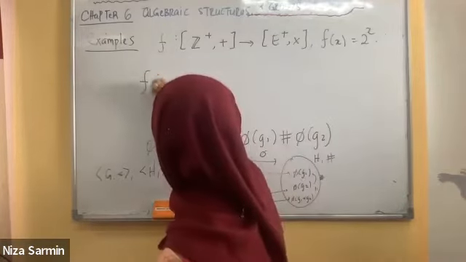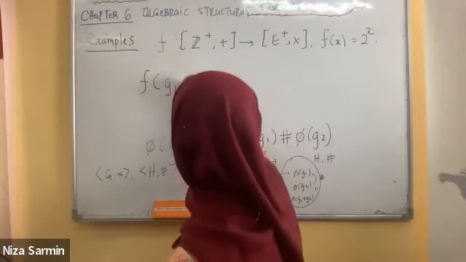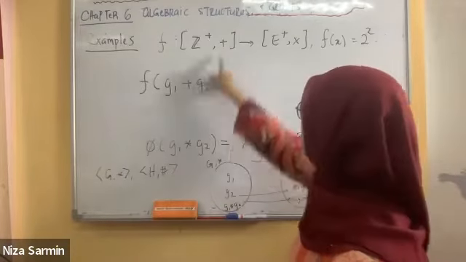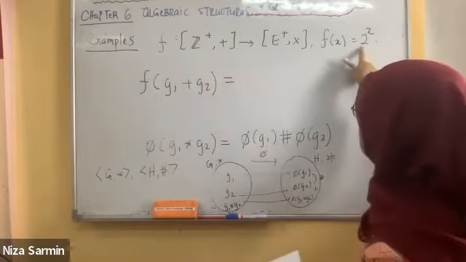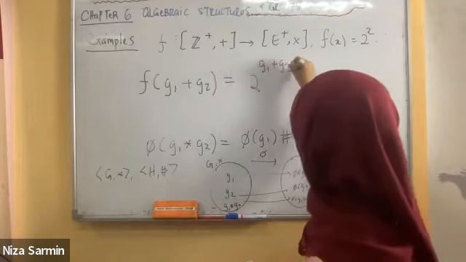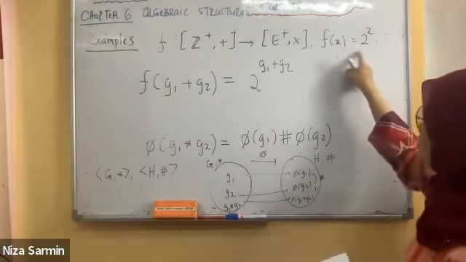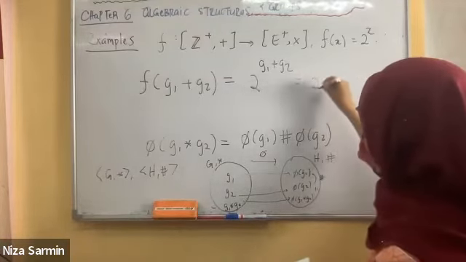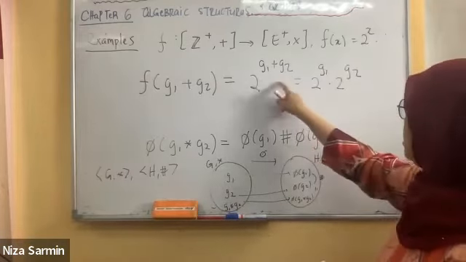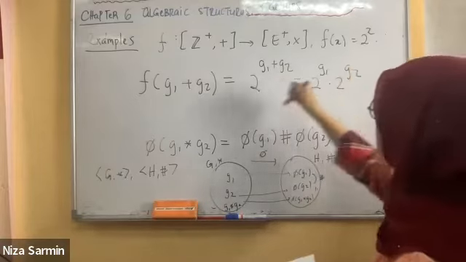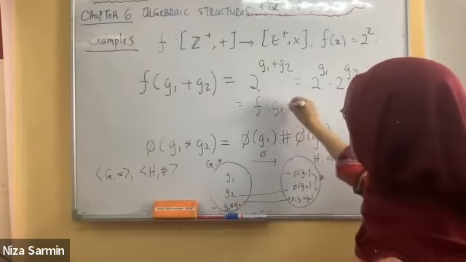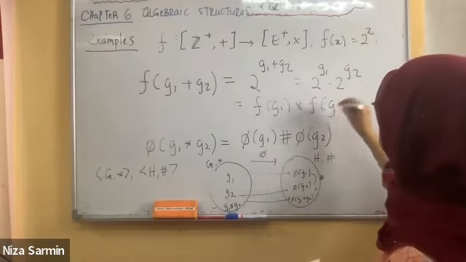Okay, so you have to write this. F of G1 plus G2, because this is a plus, use this. So this is 2 to the G1 plus G2, because of the formula, which is equal to, because of the operation index, F of G1, F of G2.